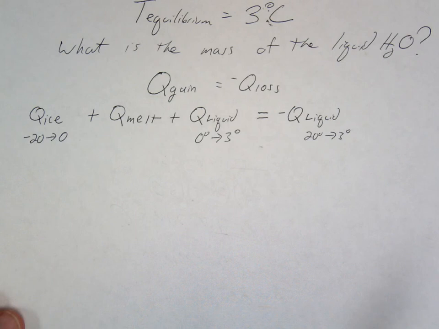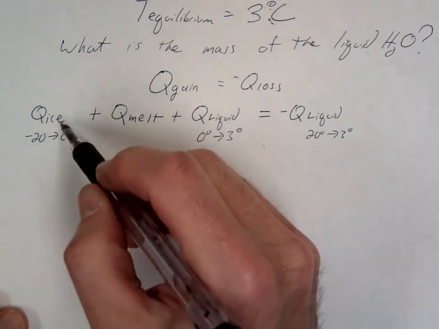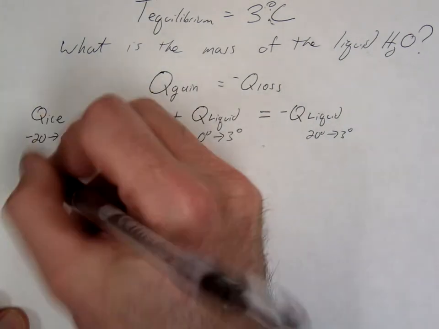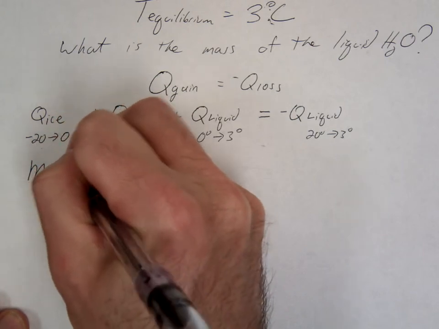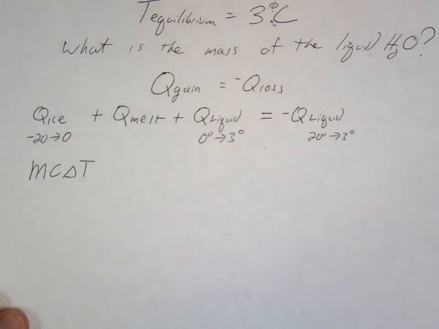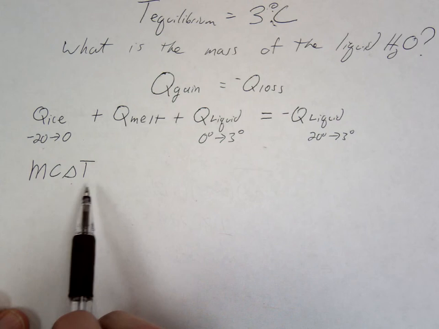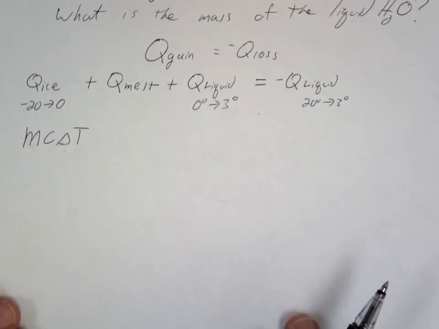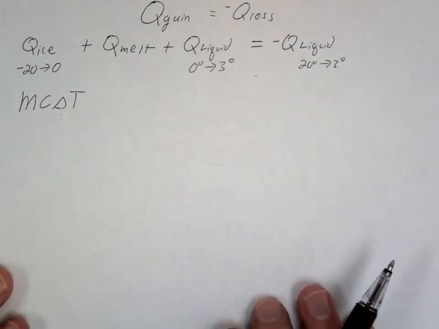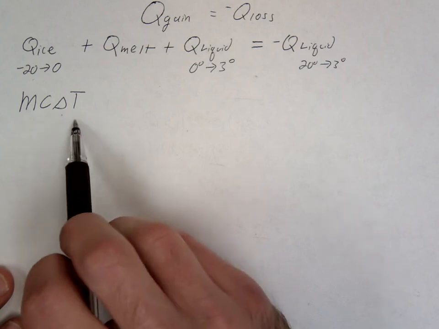Okay, alright, so let's go ahead and do it. So the Q for ice, since it's a change in temperature, you're going to be using your MC delta T. Think of the delta T here. Whenever you change temperature, you use the delta T equation.